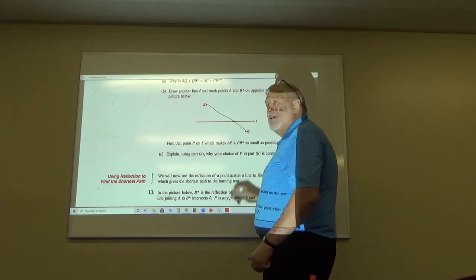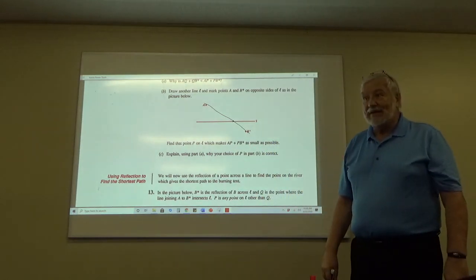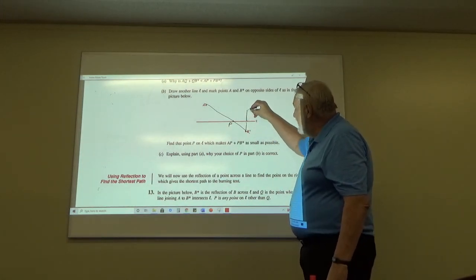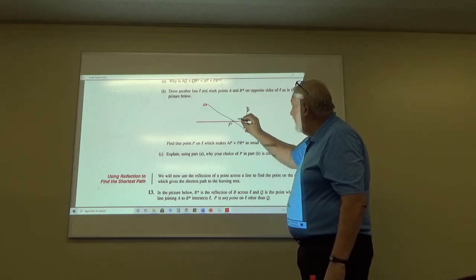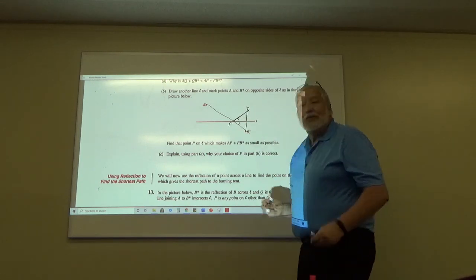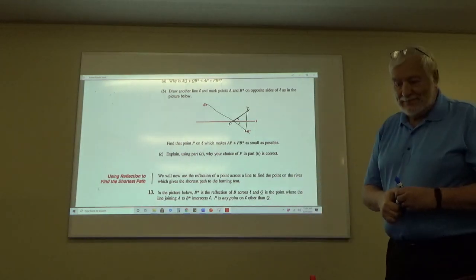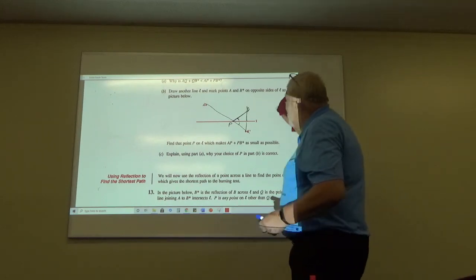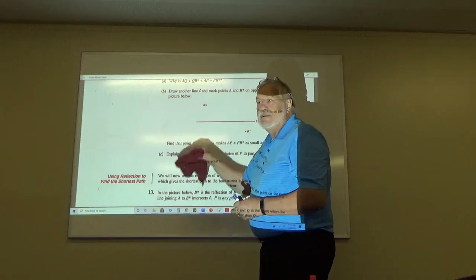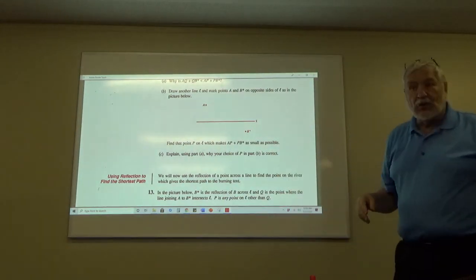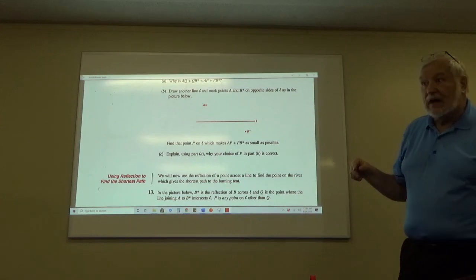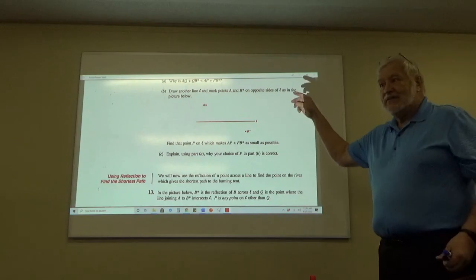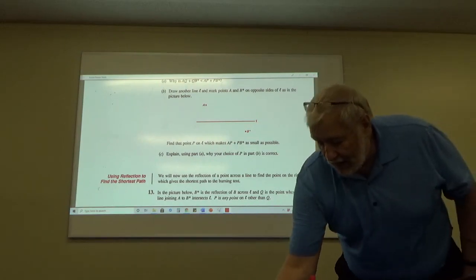And wherever that crosses L, that's the point P. Then you know that this distance and this distance would get you B. This angle and that angle are the same. Again, this is all the learning process, and I'm going over this with you the first time, so that when you go back and actually do it, you'll begin to see all of this, and all of a sudden it should begin to make sense.